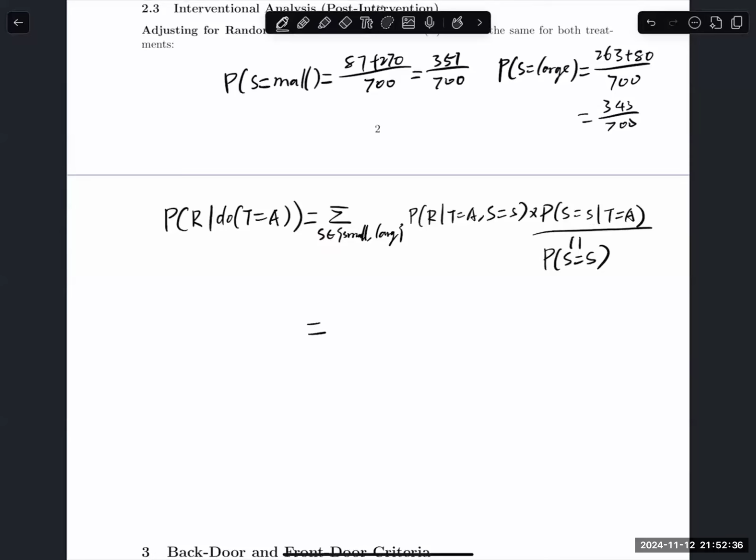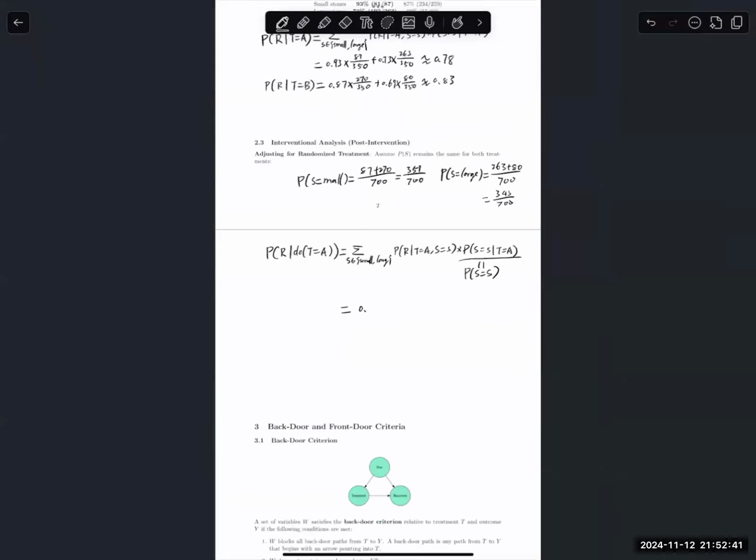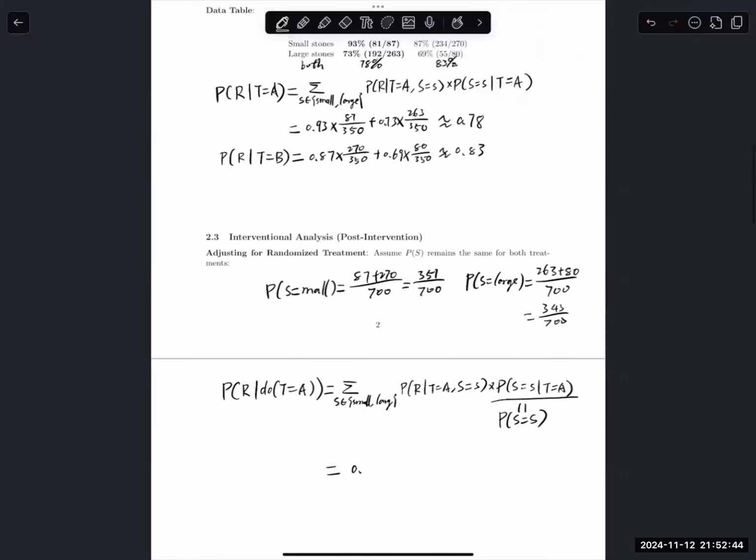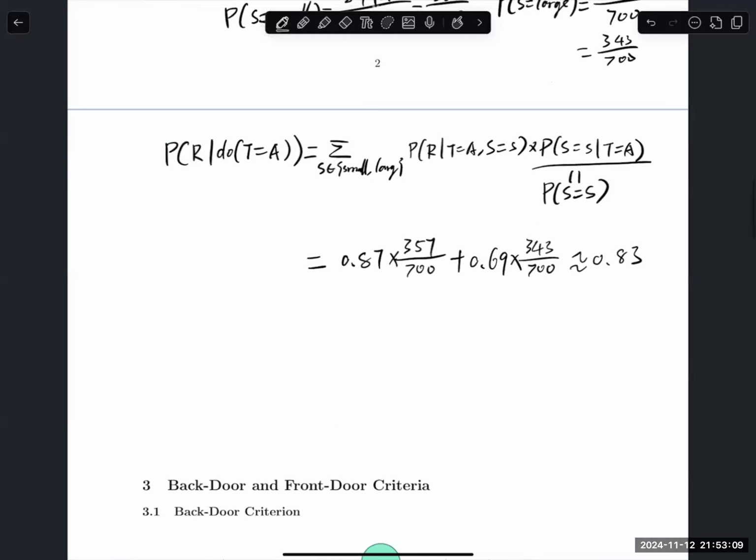Finally, for the treatment, it is going to be 0.87 times 357 divided by 700 plus 0.69 times 343 divided by 700. So this is going to be 0.83. We do the same thing for treatment B.